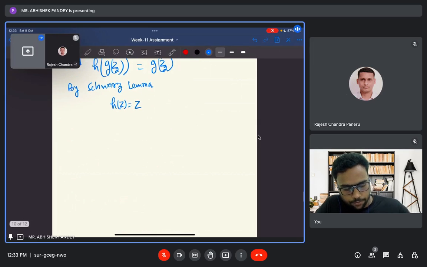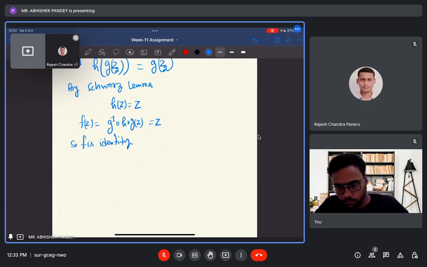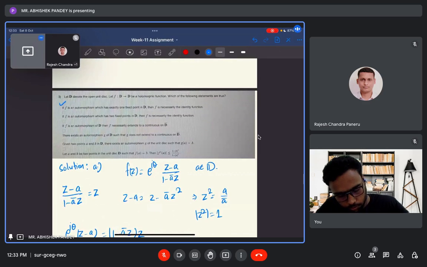So f(z) will be g inverse composed with h of g(z), and this will be basically z. So f is the identity. So this is true, and the first one is false.